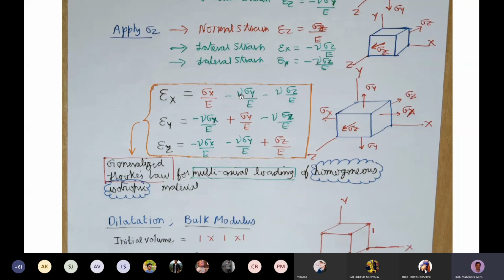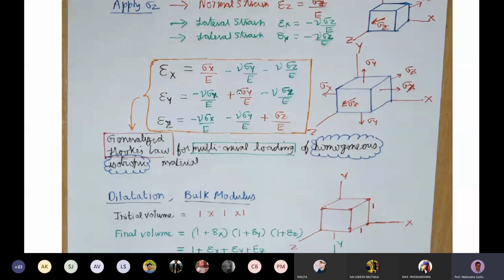When you are using Poisson's ratio nu and Young's modulus E, there are only two terms, and isotropic materials can be characterized by these two terms, E and nu. If the material is orthotropic and so on, we need additional constants, so we will not discuss that. So this is the generalized Hooke's law.